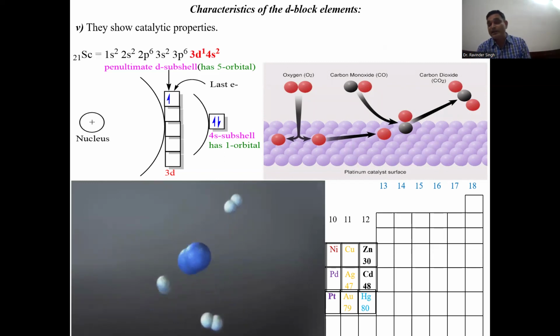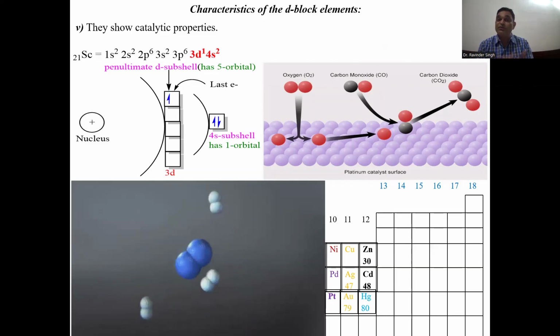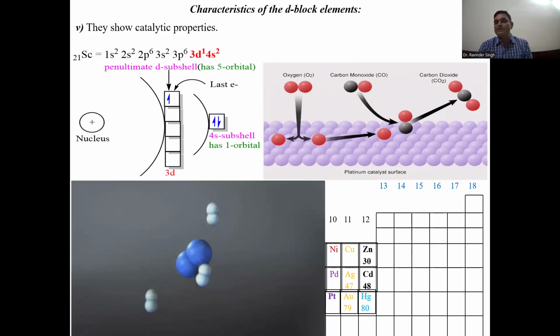In the absence of the solid catalyst which provides the surface area, these molecules move randomly in the container from one place to another, and there is very little chance of collision between them, and thus very little chance of the formation of CO2 gas. So that's the reason here. The platinum acts as the catalyst because it provides the surface for these gas molecules to come and sit on, resulting in the formation of the final product.